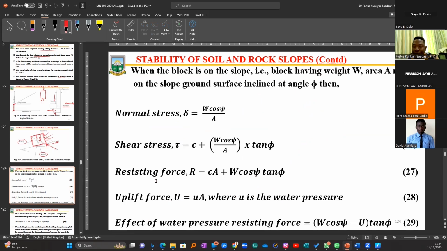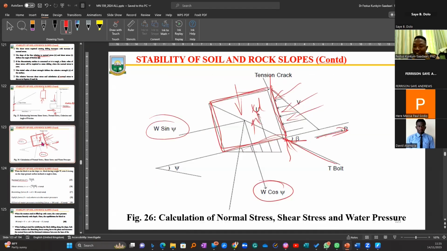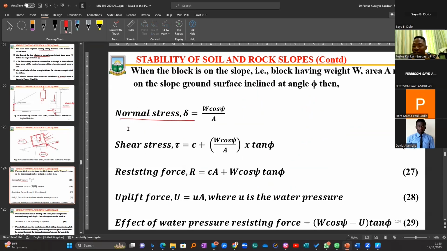So we have the normal stress, which is what we mentioned here in this figure. If you want to compute the normal stress, it is W cos phi over A. Then the shear stress: you remember this formula.